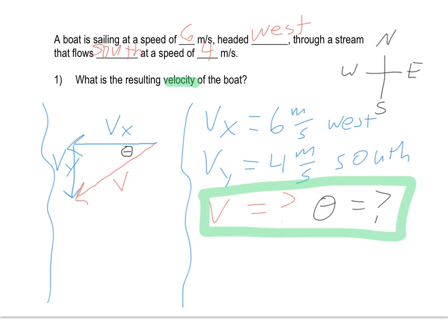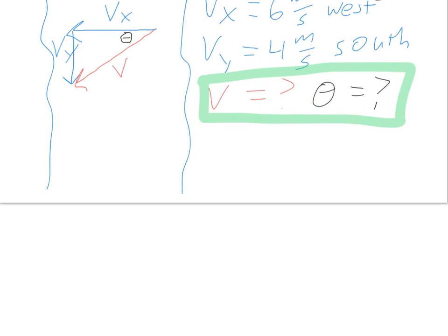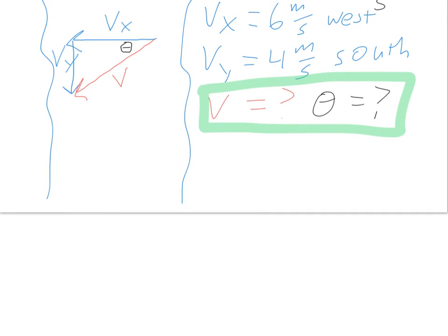Okay, so now we're ready to solve. So let's start with the magnitude of the velocity, or the speed. To get that, we're going to apply the Pythagorean theorem to find the hypotenuse of this Vx, Vy, and V triangle. So V is equal to the square root of Vx squared plus Vy squared.